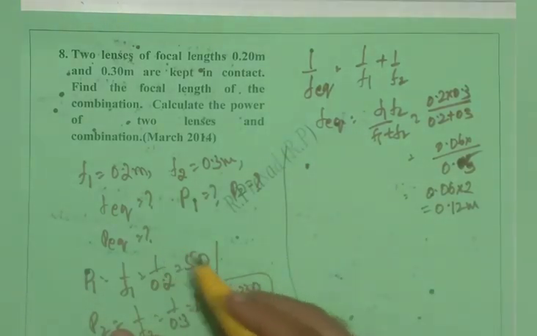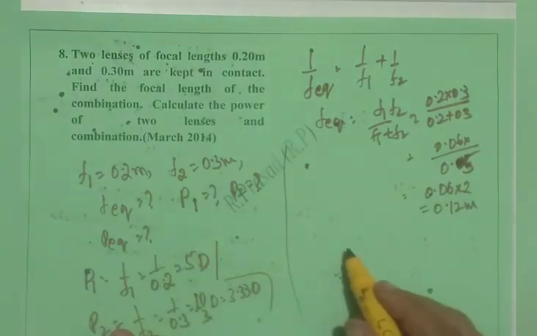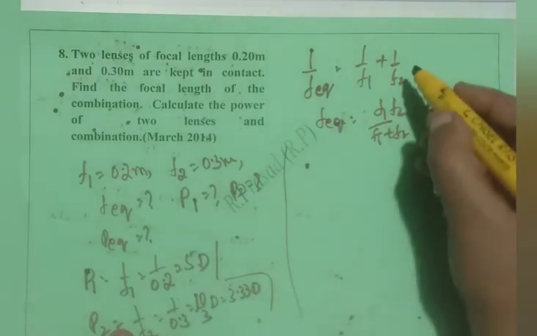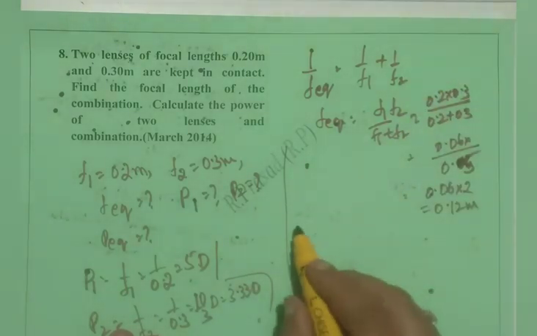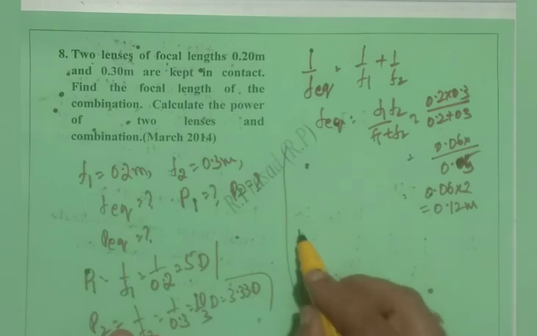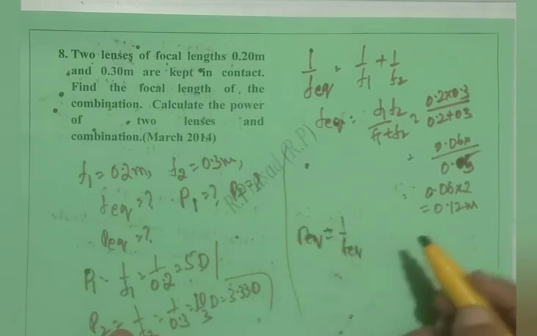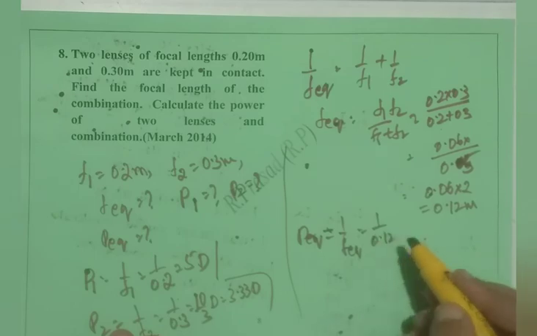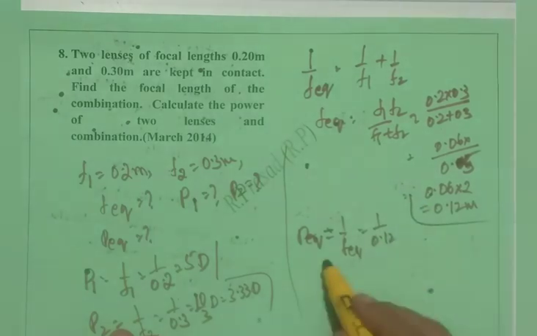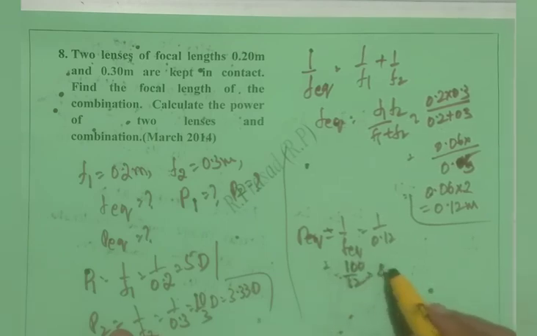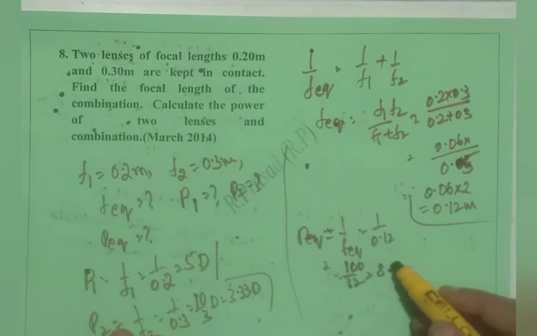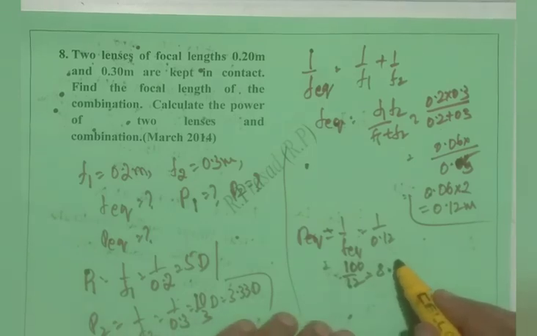Therefore, last calculation, power of the combination. We can straight away calculate power by using P equivalent as 1 by F equivalent, 1 by 0.12, which amounts to be 100 by 0.12, approximately 8.3 diopters.